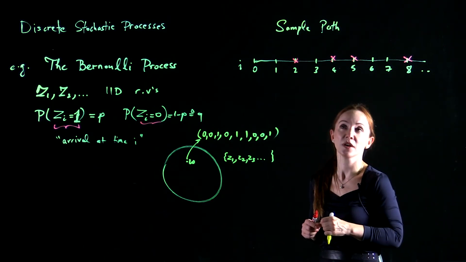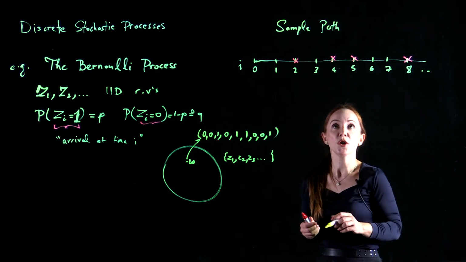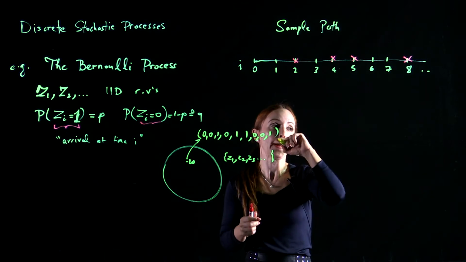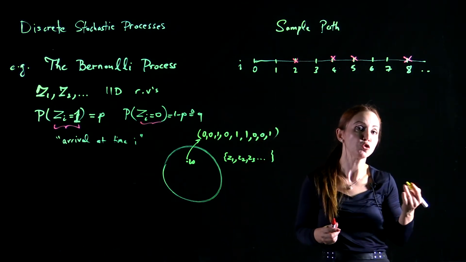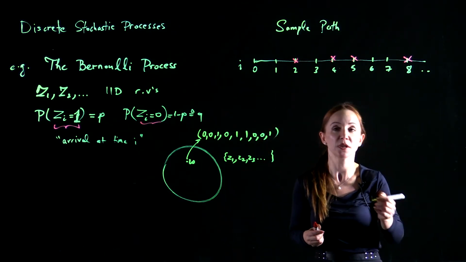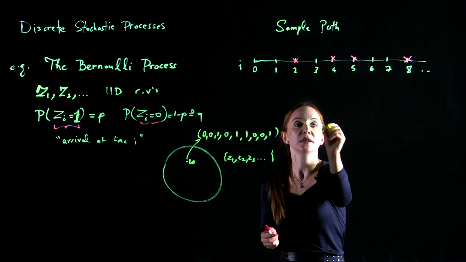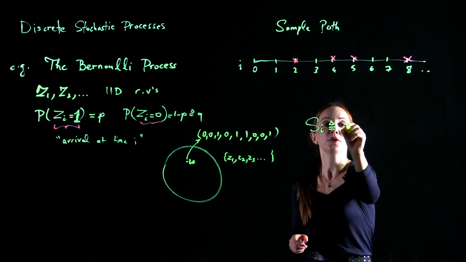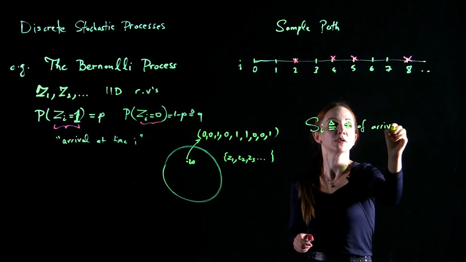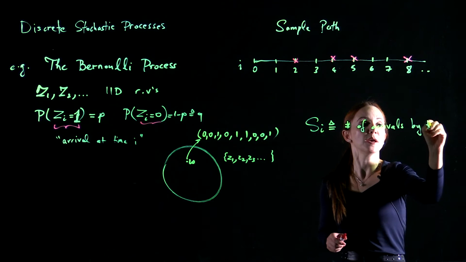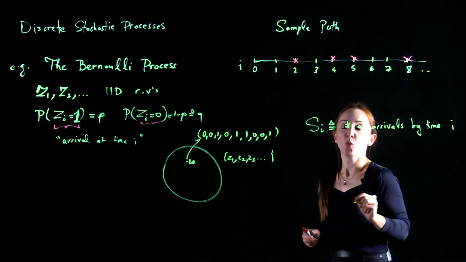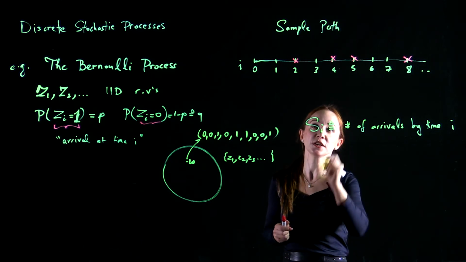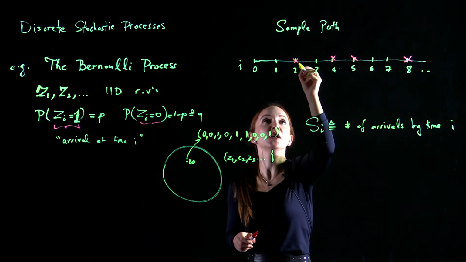In the case of a Bernoulli process, as you can see, there's an infinite number of possible sample paths, countably infinite though. Right, so now if we were to count the total number of arrivals, suppose Si is defined as the number of arrivals by time i. We could plot the realization of Si on the given sample path as the following.